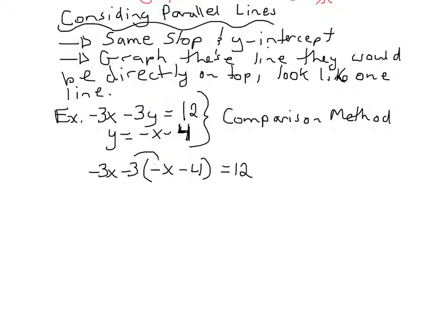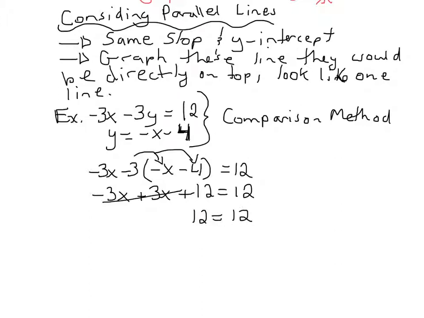Multiply the negative 3 into my brackets. So I've got negative 3x plus 3x plus 12 equals 12. What happens with my negative 3x plus my 3x? They cancel. They're gone. And I'm left with 12 equals 12.